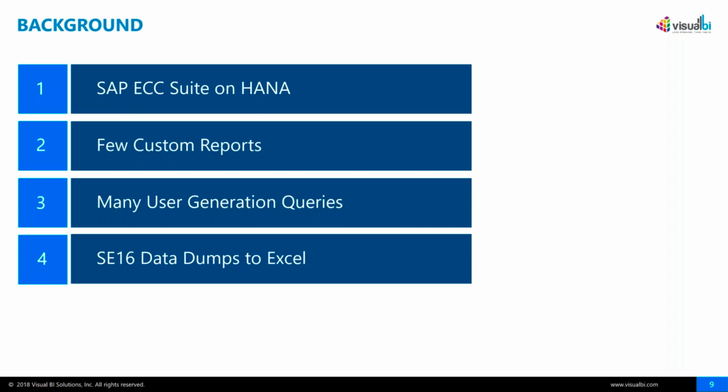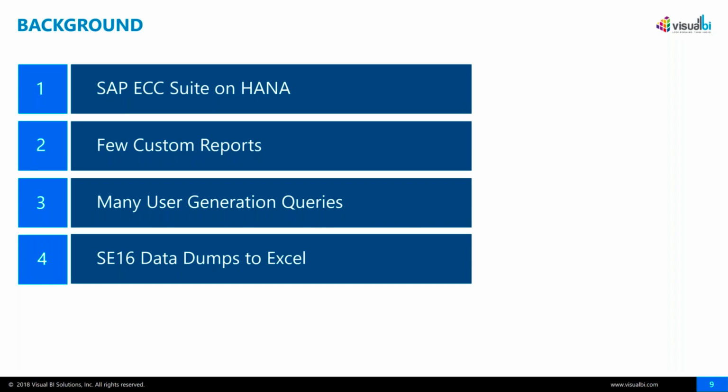But a little bit about background. We went live with SAP ECC in April 2015 with Suite on HANA. We decided to have very few customer reports. We had lots and lots of scrubby user queries and user-generated queries, and a lot of SE16 data dumps.